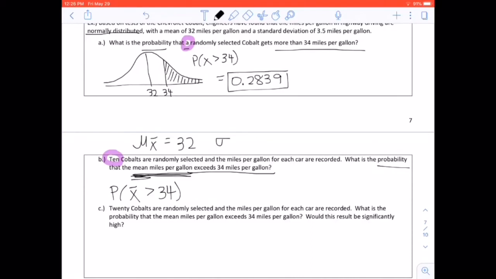But the standard deviation of X bar is equal to the standard deviation divided by the square root of n. So we have 3.5 divided by the square root of n, where n is our sample size, which is 10. As we use normal CDF, we plug these both in for our mean and for our standard deviation.